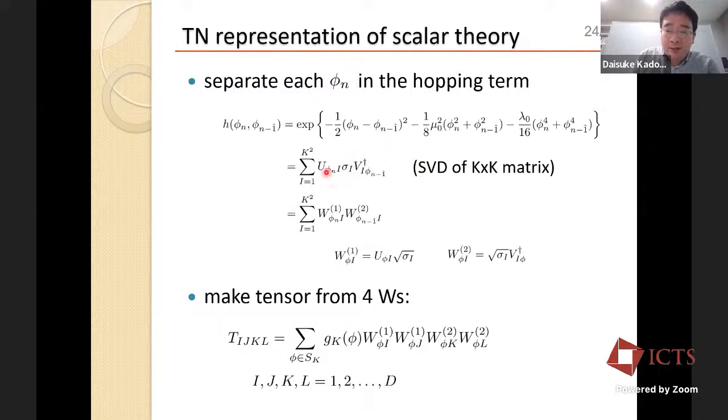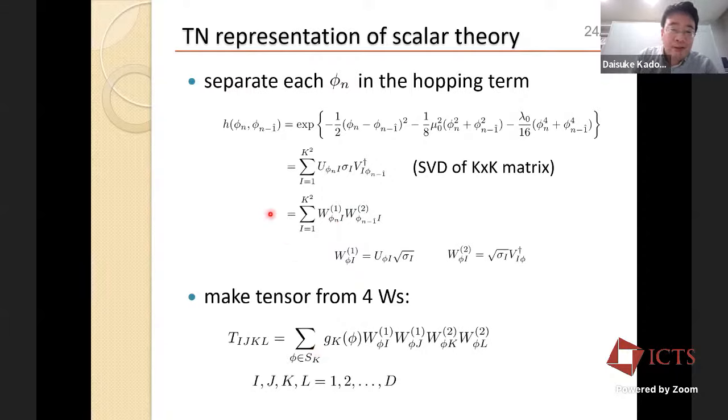And phi n is separated from the other nearest neighbor scalar fields. So we can integrate phi n to define the tensor.